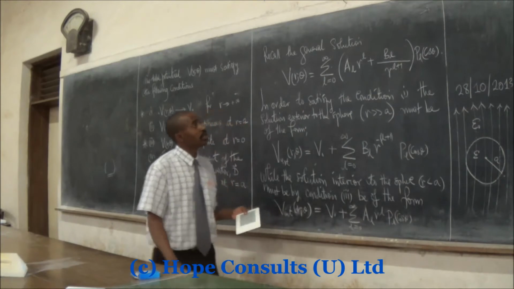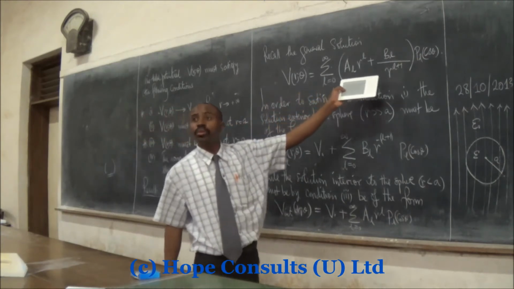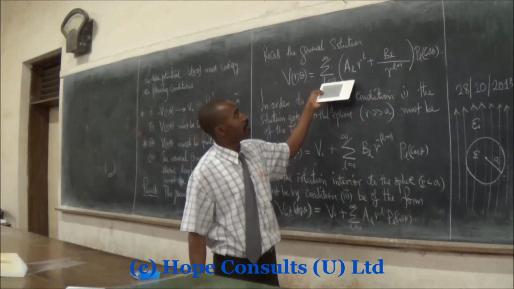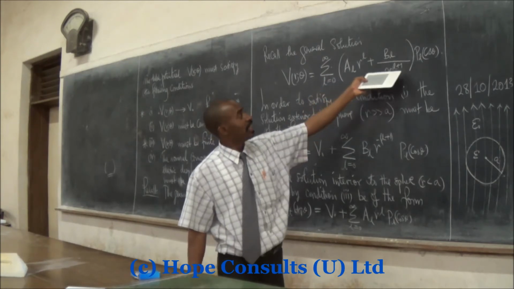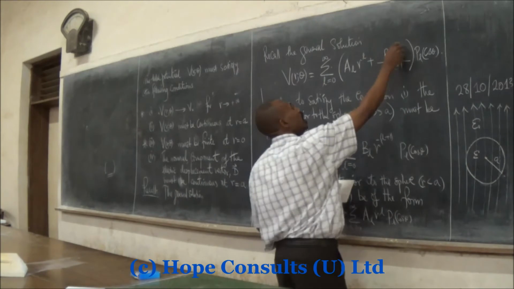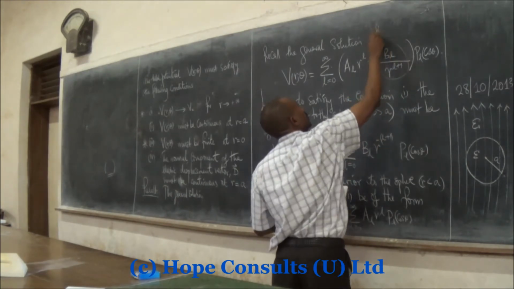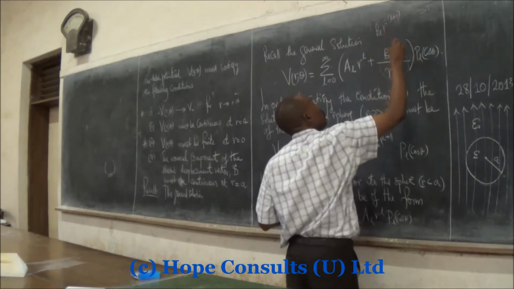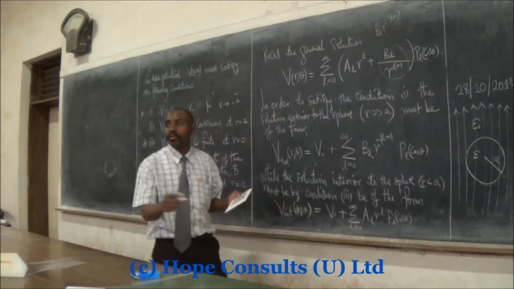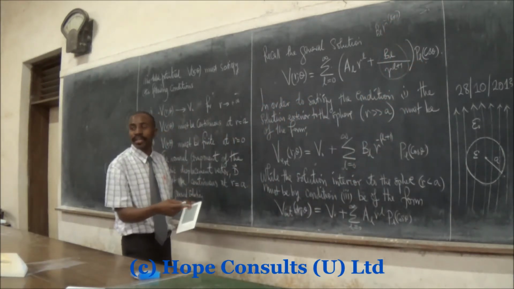So in other words, if we expanded these two, this first term gives you the interior. This second term, because we only raised this one, we wrote it as B_l r^-(l+1), and then each of them gets multiplied. So that's how we are getting this.